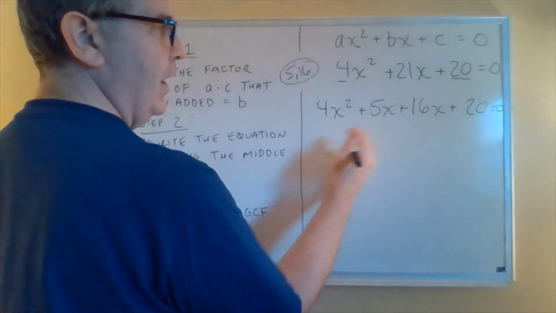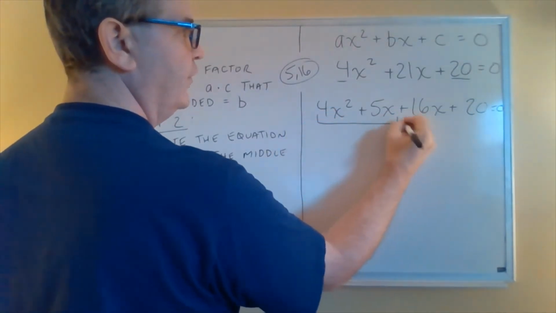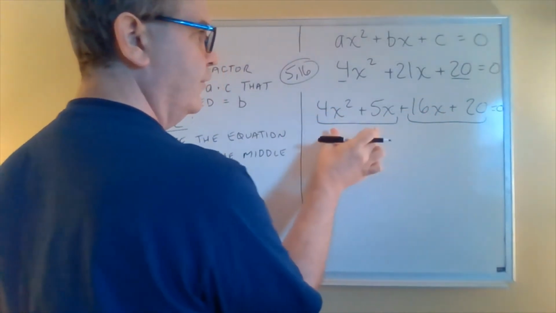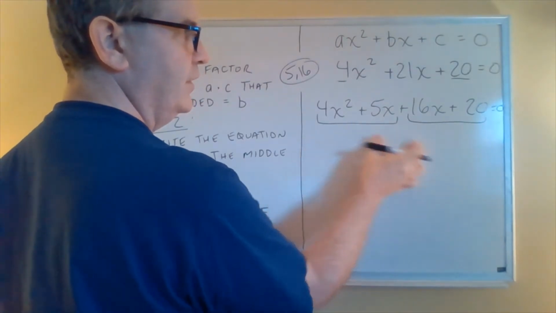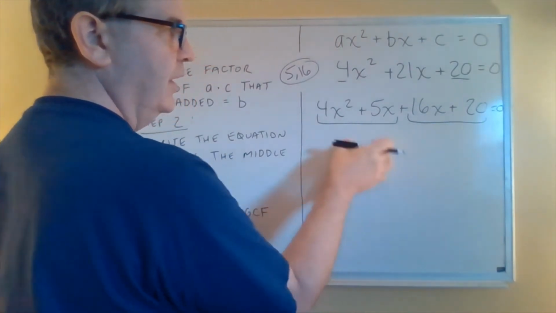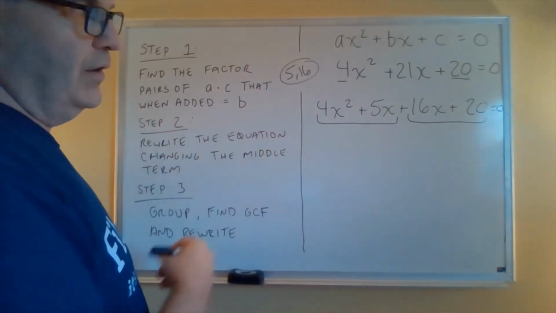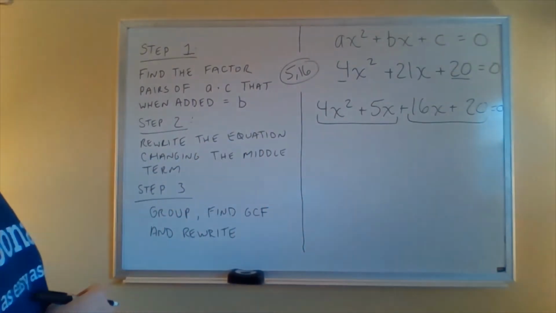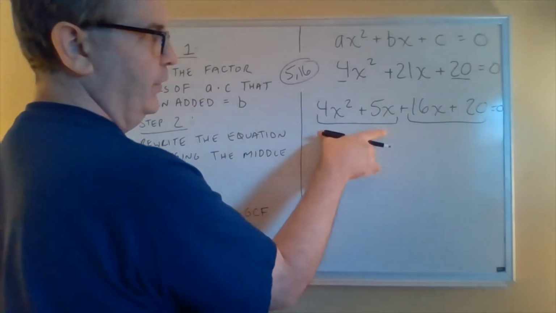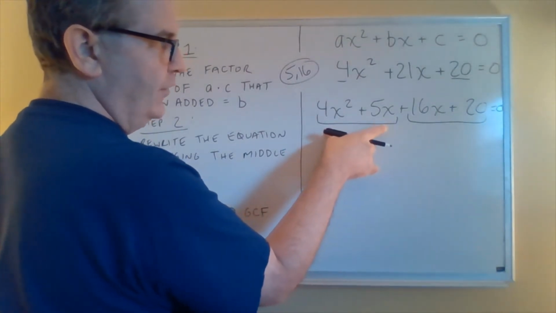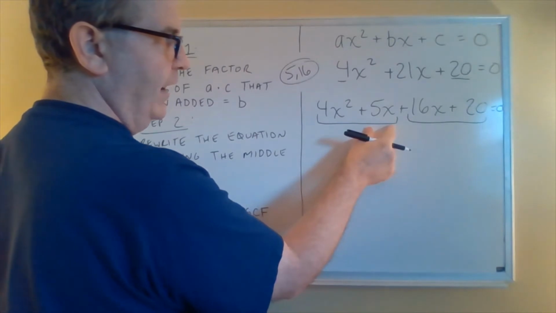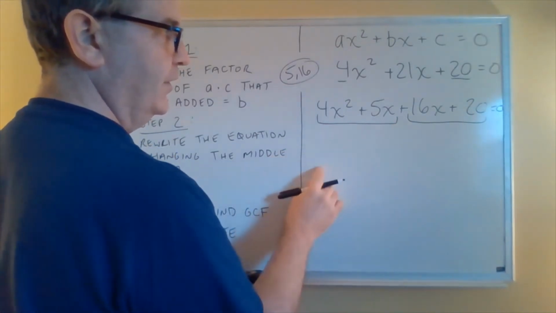The reason we rewrite it now is that we are going to group this. We're going to look at the first two terms in our equation and the last two terms, and figure out the greatest common factor of each pair. Greatest common factor was two or three lessons ago, so hopefully we have that down. What is the greatest common factor of 4x squared and 5x? It looks like it's just going to be x.